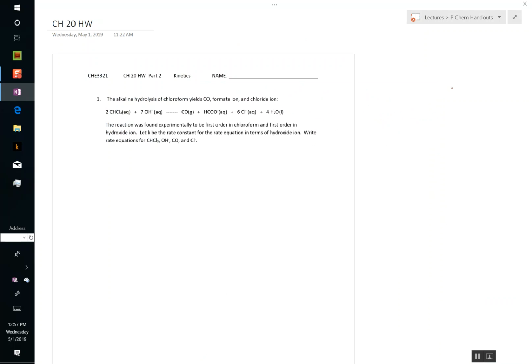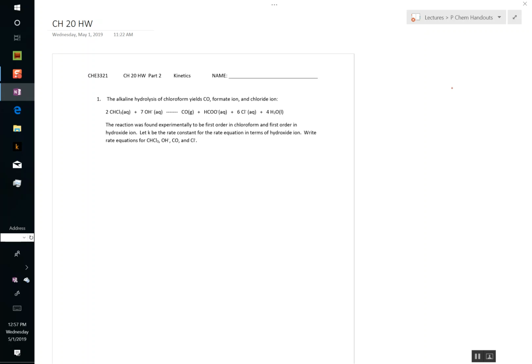Here's a pretty complicated equation with a whole bunch of coefficients. 2 chloroform plus 7 hydroxide yields carbon monoxide, formate ion, 6 chloride ion, and 4 water.